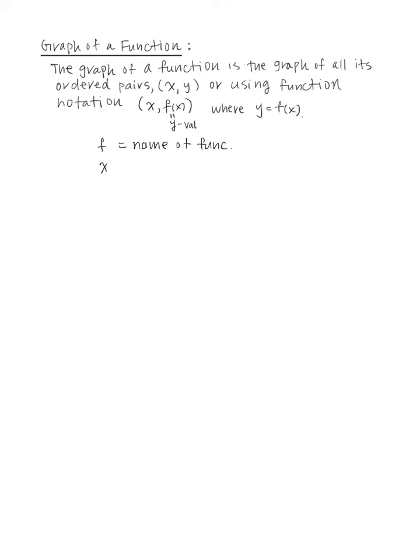And then our x is the x coordinate of the ordered pair. And then f of x is the y coordinate of the ordered pair. So that's the reason why we call y equals f of x.